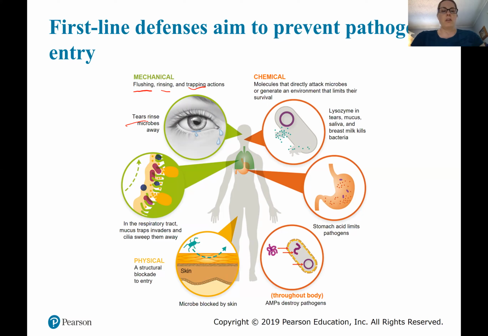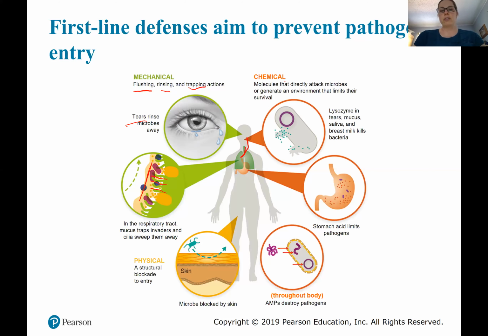There's what's called the mucociliary escalator, where mucus traps dirt, bacteria, things like that down in the trachea and in the lungs. And then cilia, these little green projections here, sweep that junk up so you can cough that out. So those would be some mechanical barriers.